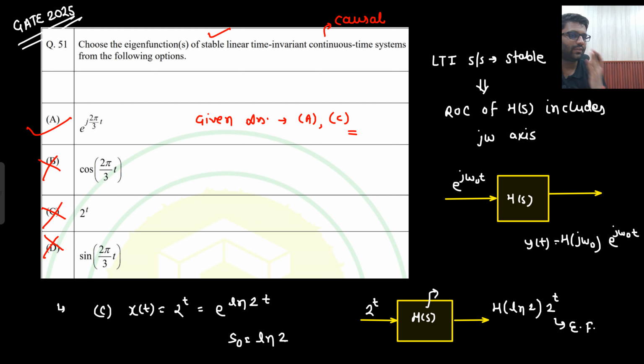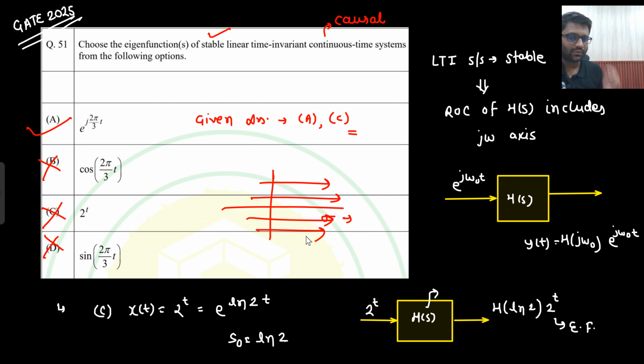Causal means ROC will be looking towards plus infinity. That means ROC has to look here. If I say it is causal, then ROC has to look here, and I am saying that it is stable as well. That means it should include the j omega axis as well. So this kind of ROC you will get. That means somewhere a pole will be here. More poles could also be there, but the rightmost pole has to be in the left half of the S plane. Are you able to understand this point?